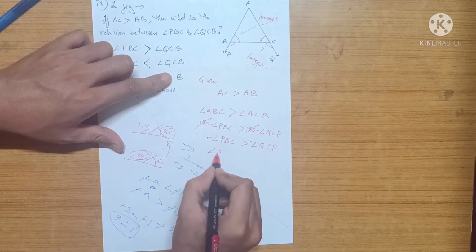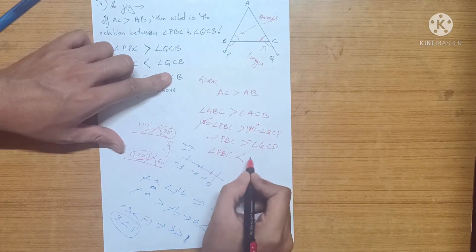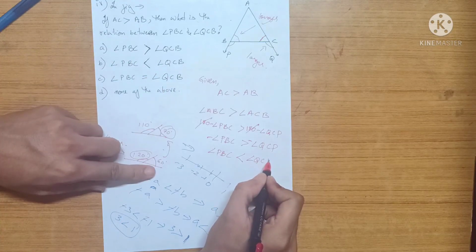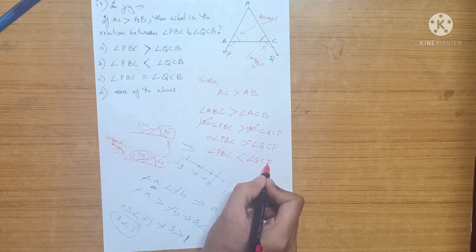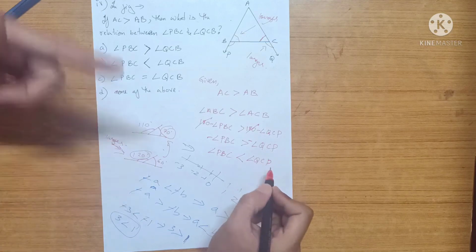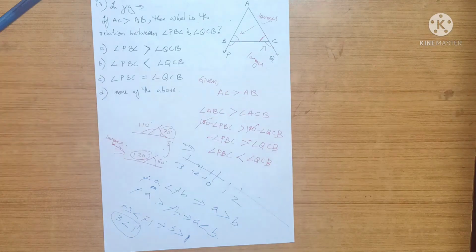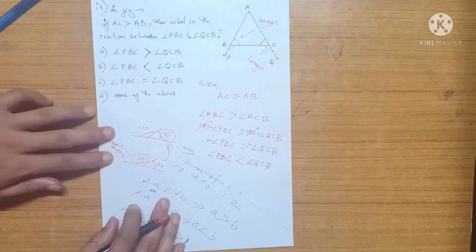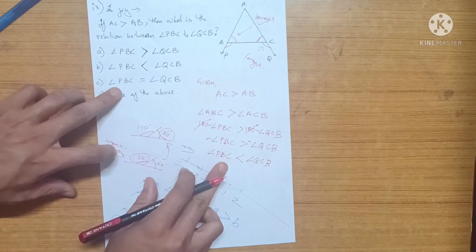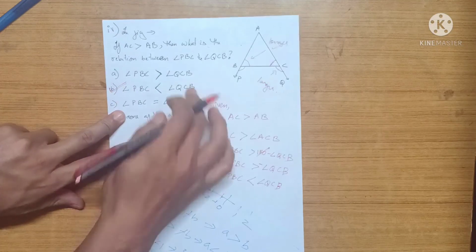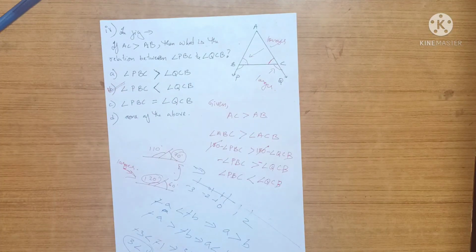If you cut the minus minus, the sign will reverse. So PBC is smaller than the other one, or QCB is larger. So that's it.